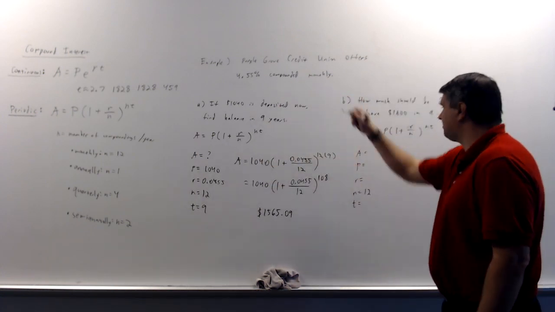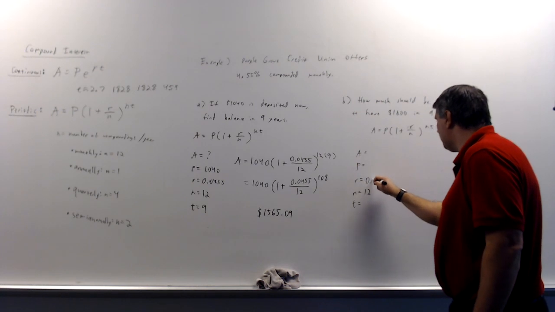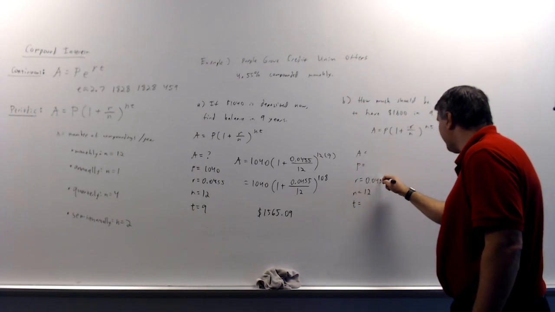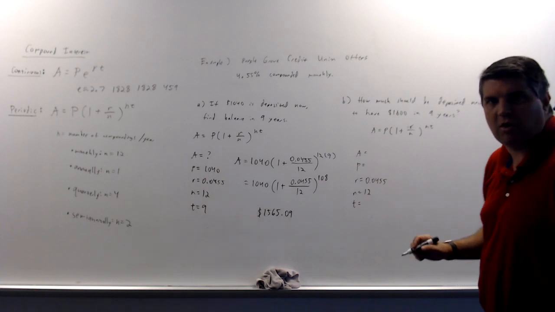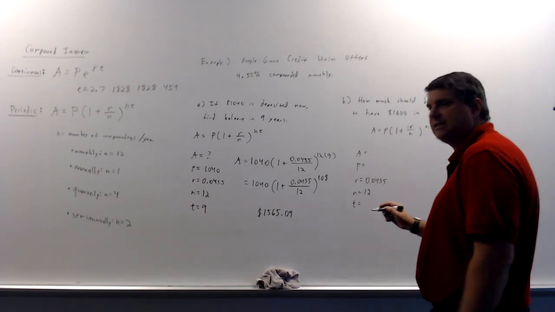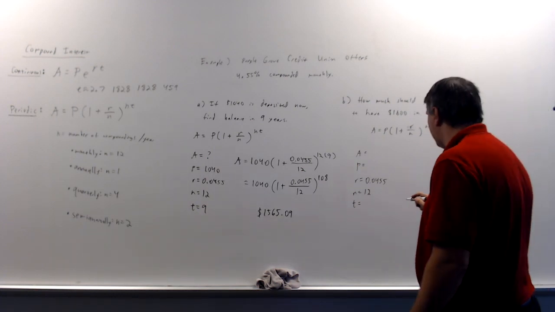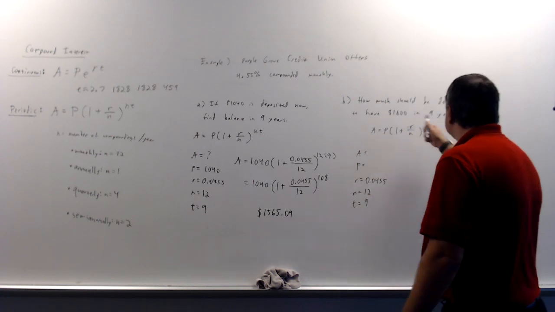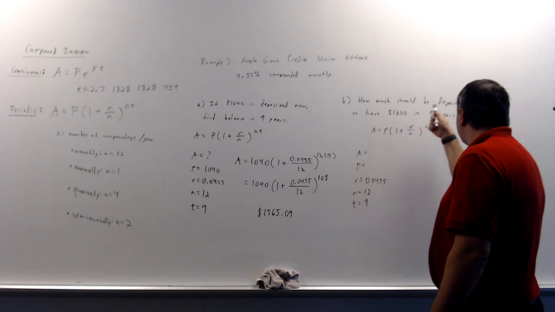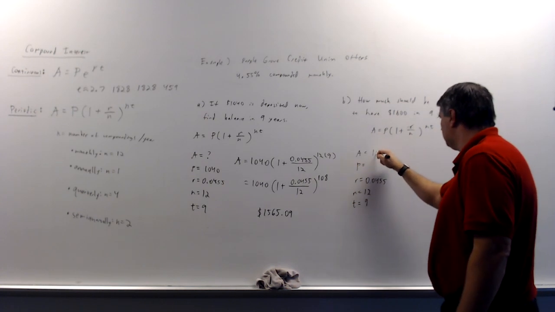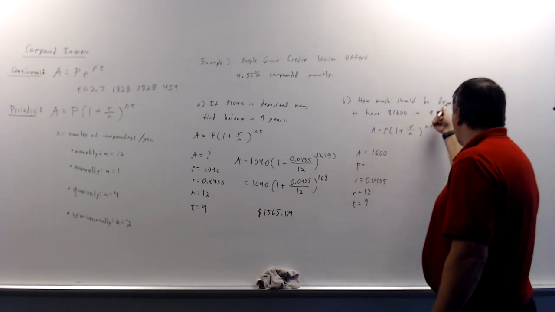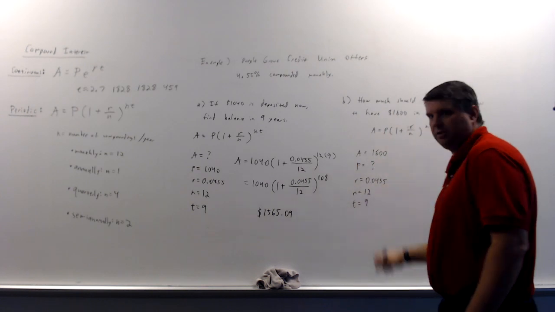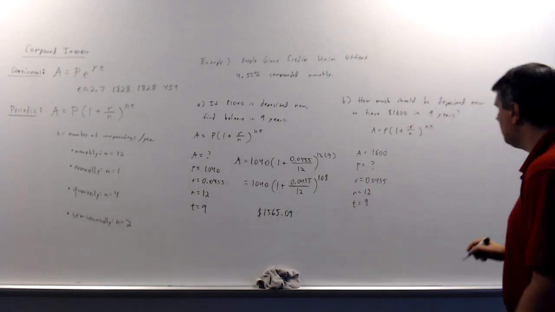The rate is 0.0455. Sorry, my brain was still on the last example. T is 9. And this 1,600 goes with the future value. We don't know what we're starting with. That's the question.